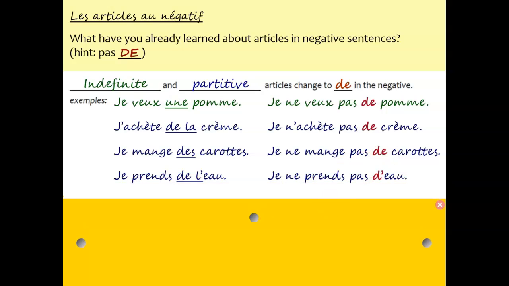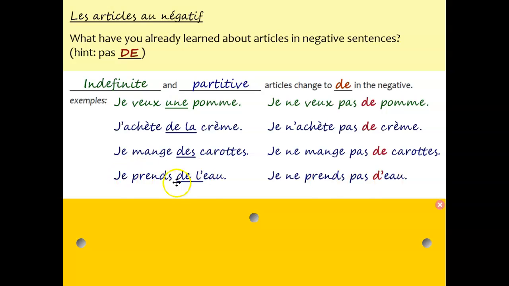One more example. Notice what happens here. Je prends de l'eau. I'm having some water. Je ne prends pas d'eau. I'm not having water. De l' would change to d' because of the word with a vowel coming right after it.